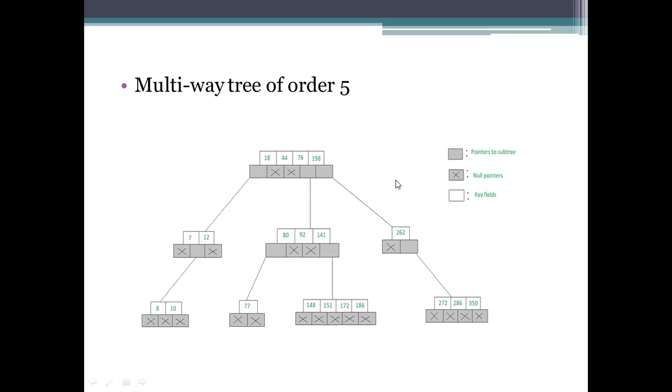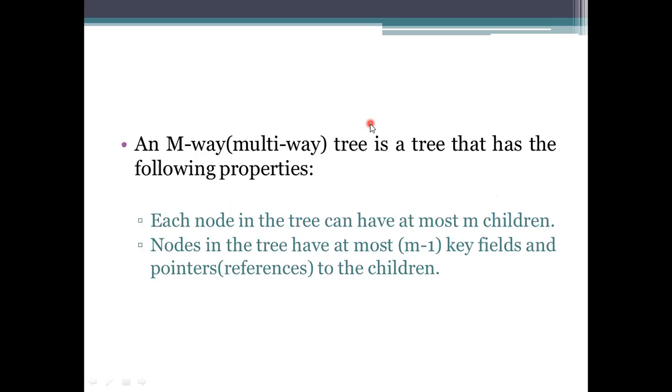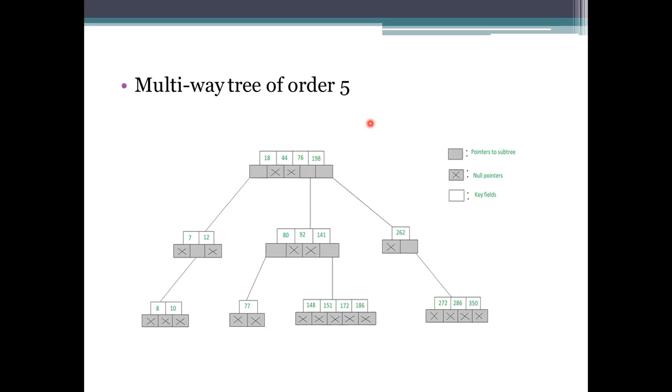Coming to the next, what are the important features? Each and every node has at most M children. If the possibility is there, it can have 5 children, if it is allowed.